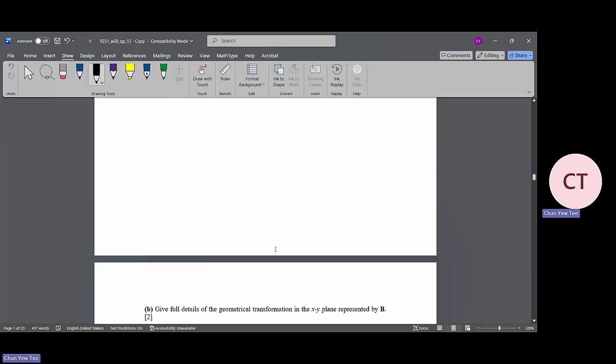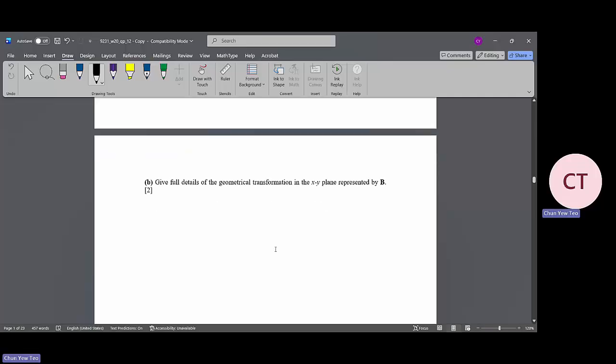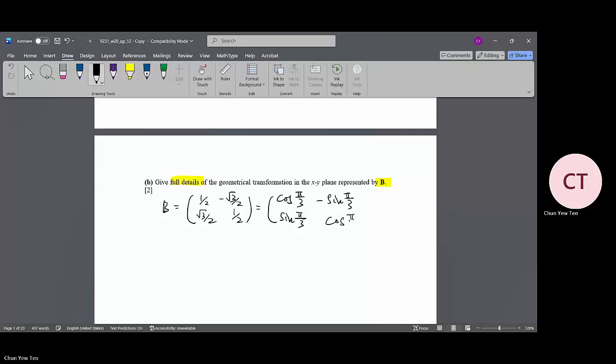Then move on to 4b. Now we want to do the same thing: give the full details of the geometrical transformation in the xy plane represented by the matrix B. B is given as half, root 3 over 2, negative root 3 over 2, and half. It is actually cos pi over 3, sine pi over 3, negative sine pi over 3, and cos pi over 3.